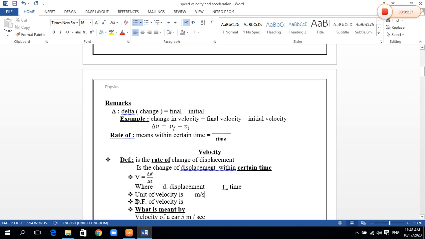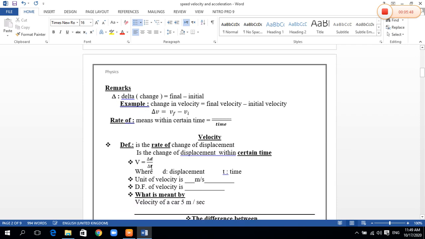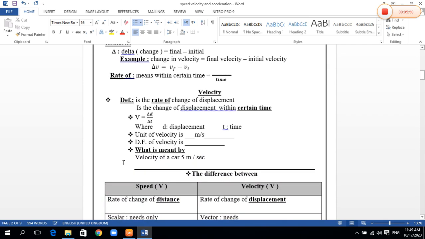The definition of velocity from here is the rate of change of displacement, and we studied displacement before. What is meant by the velocity of a car being 5 meters per second? This means that the car makes a displacement of 5 meters each 1 second.